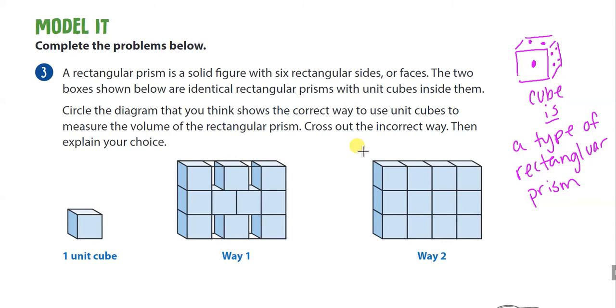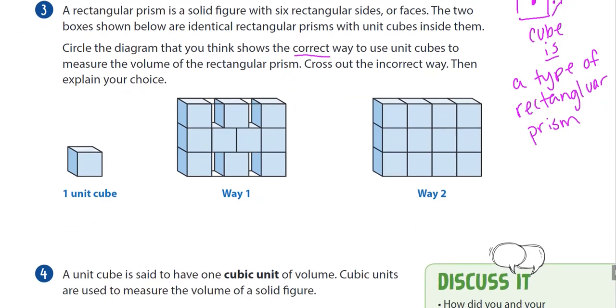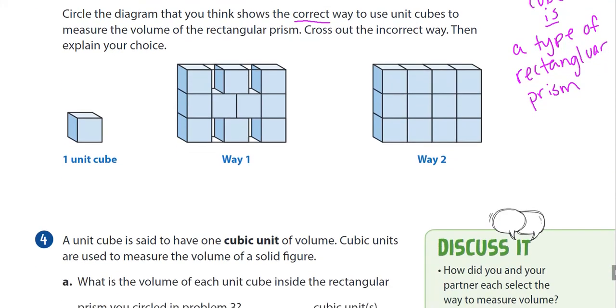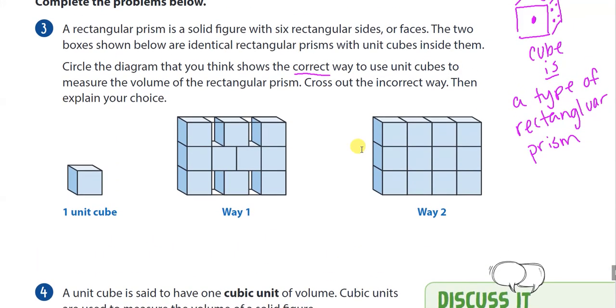Circle the diagram that you think shows the correct way to use unit cubes to measure volume of a rectangular prism. Cross out the incorrect way, then explain your choice. Well, my students are pretty clever, so I'm going to guess you've already figured out this way. There's no dice. You can't keep, because look, there's empty spaces. These empty spaces. This one's good.